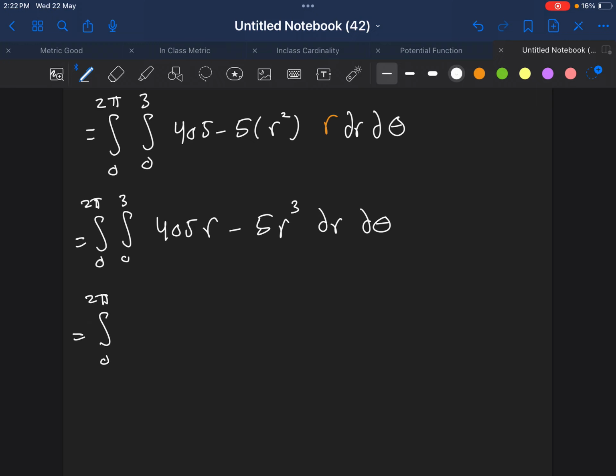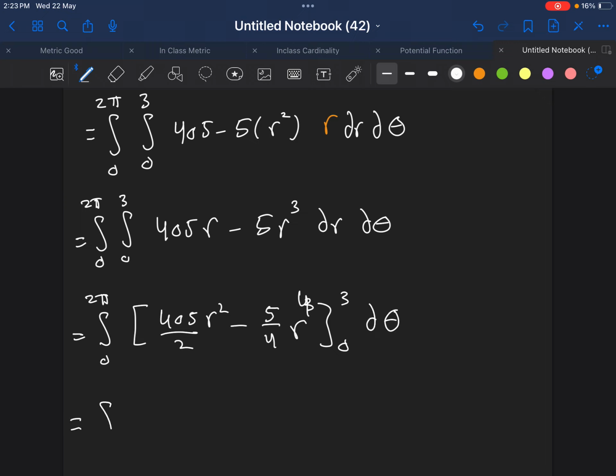We just go ahead and find the integral of this. So it would be 405 r squared over 2 minus 5 over 4 r to the fourth. We substitute from 0 to 3.